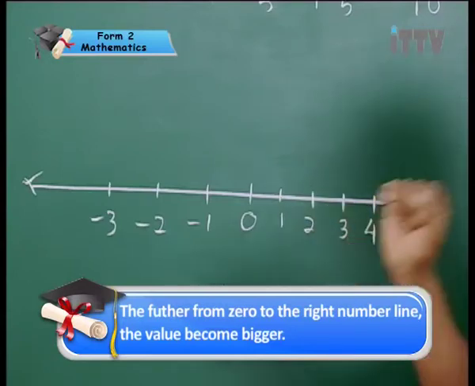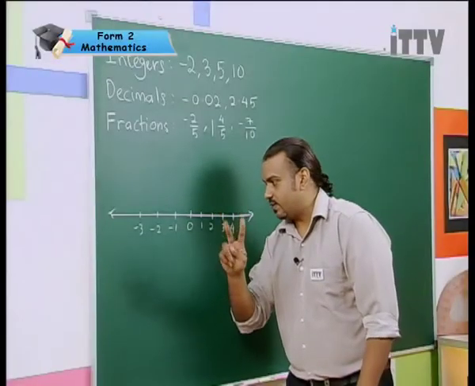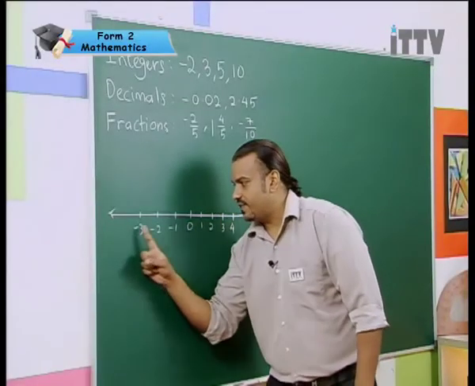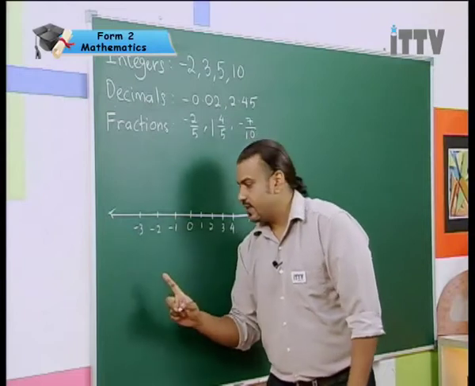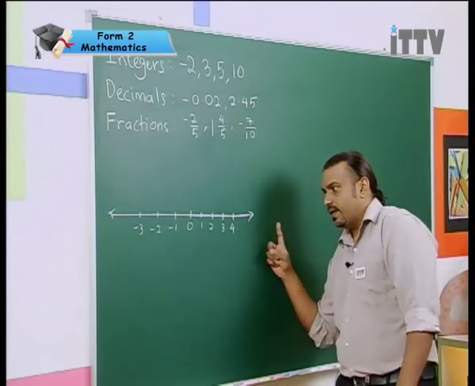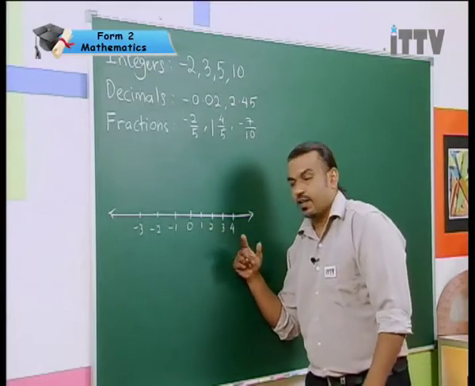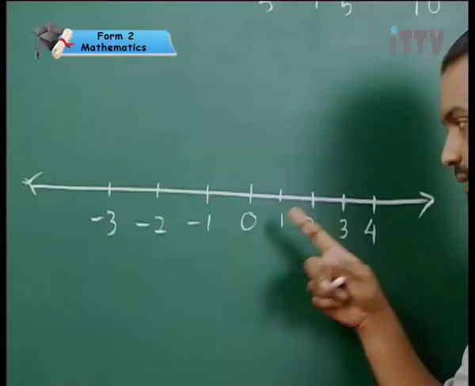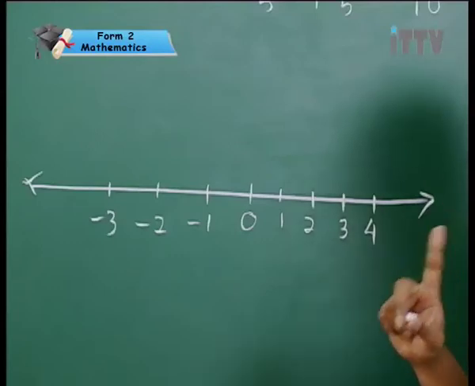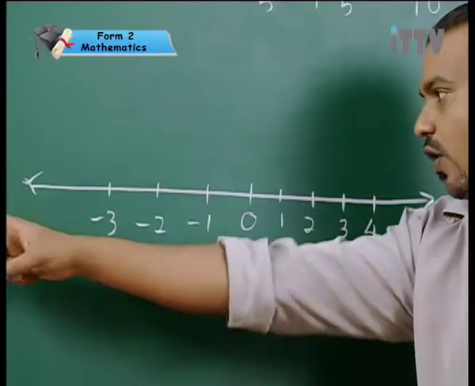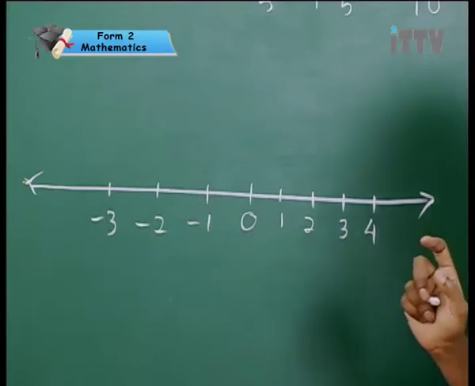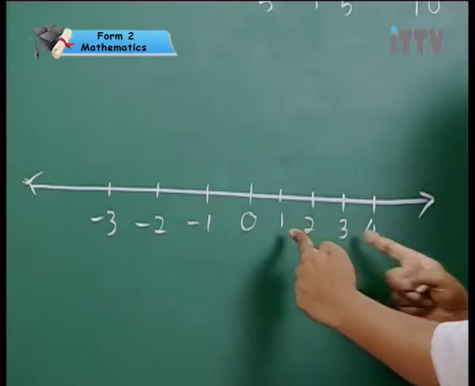Thus, you just have to focus on two things now. Everything on the left of the 0 are negative integers. Everything on the right are positive integers. You don't have to put the positive symbol here because it's understood that without any symbol, they are positive. And always remember that the numbers on both extremes are non-terminating. That means it's going to keep on going.